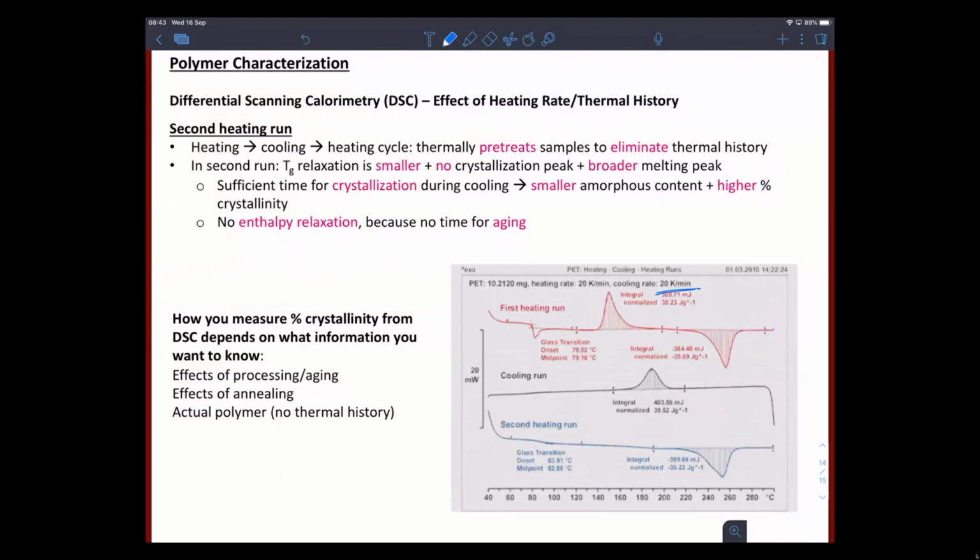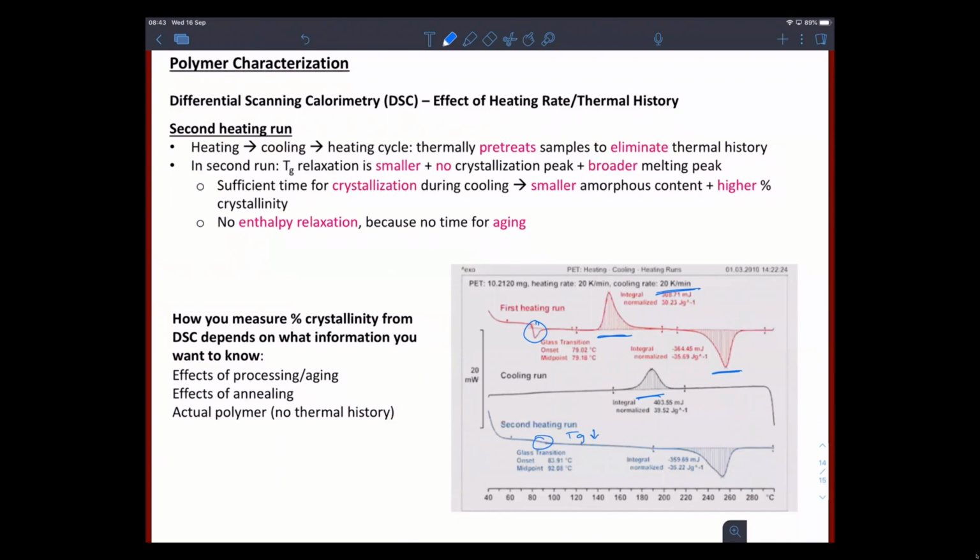As you can see, once we've done the heating, we can see the TG, we can see the cold crystallization, and we can see the melting temperature. As we do the cooling run, we also have melt crystallization occurring. But on the second run, we start to see that the TG has been reduced.